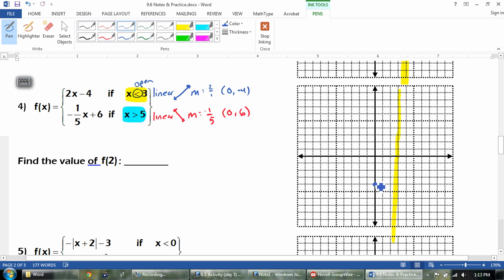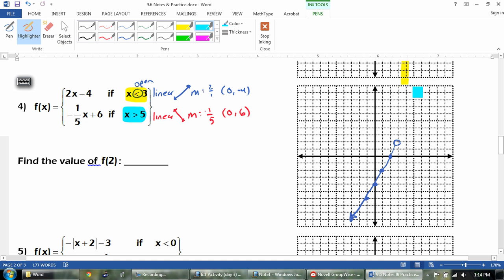I need to go up 2 over 1, up 2 over 1, up 2 over 1, and I am open. Okay, I want everything that is less than that, so that's why my graph goes to the left.